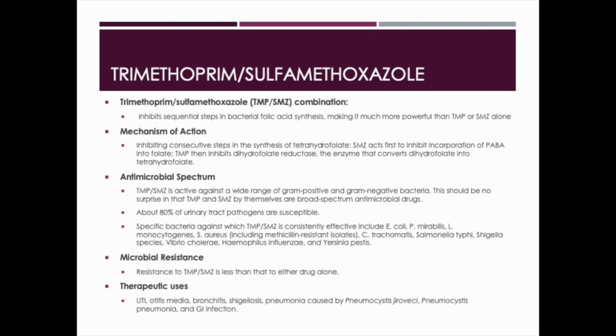Again, those are just brand names of TMP-SMZ. But consistently with those patients that have an E. coli acute infection or a Staph aureus infection, this even includes the methicillin-resistant isolates of that type of bacteria. And you can see among other ones that are listed on this slide as well.